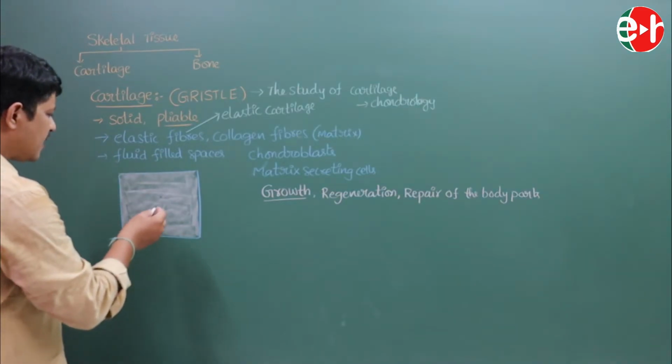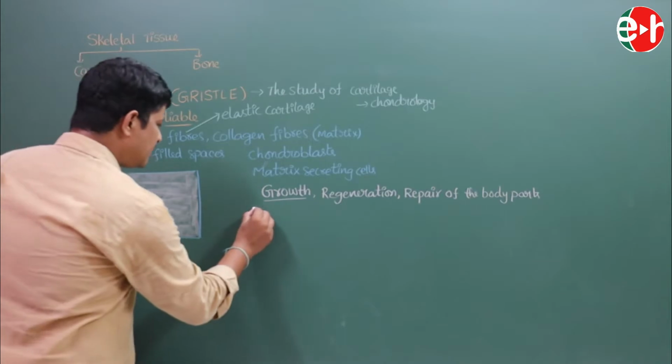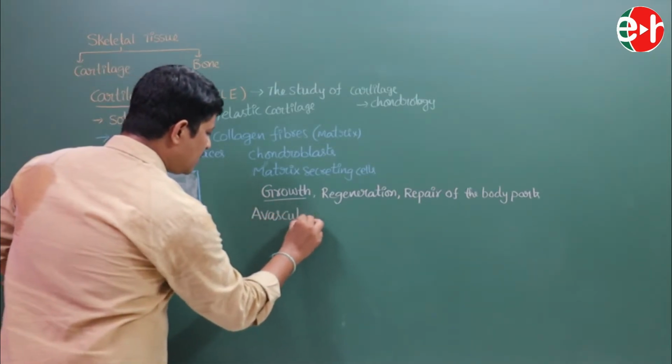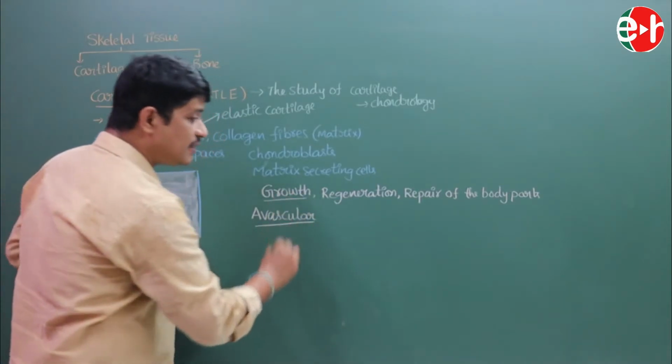This cartilage is avascular. Avascular means having no specialized blood vessels.